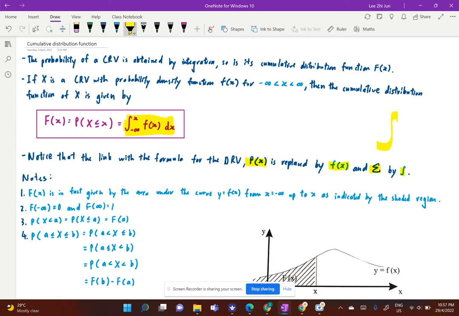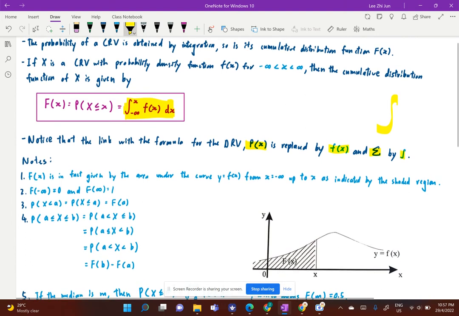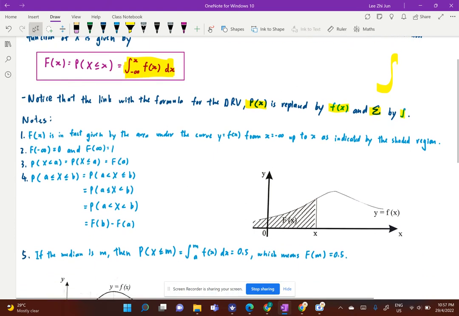F(x) is given by the area under the curve y = f(x) from negative infinity up to x, as indicated by the shaded region. F(negative infinity) = 0 and F(infinity) = 1.